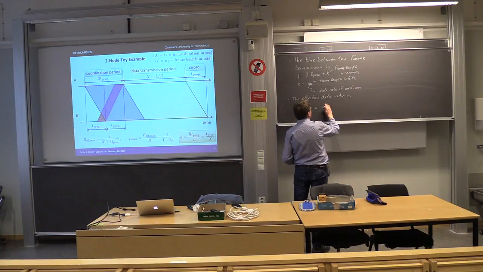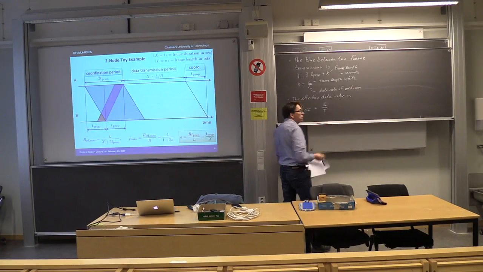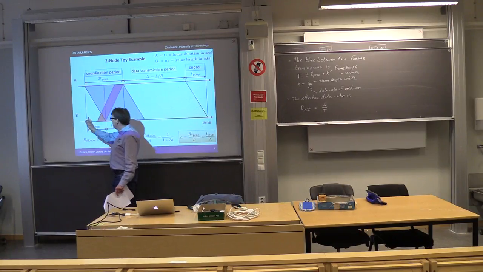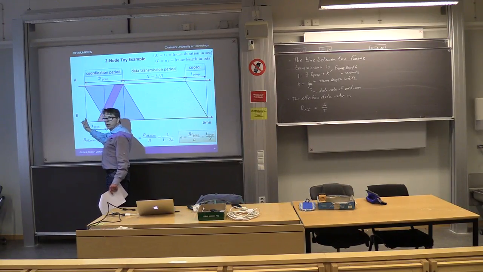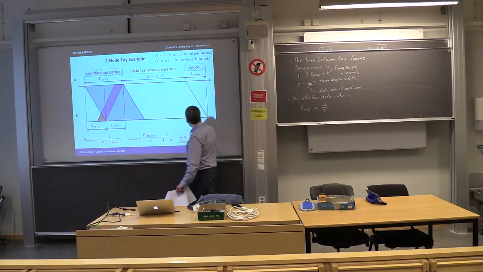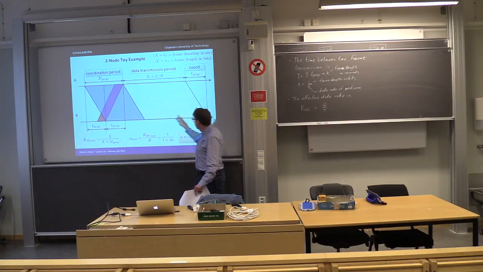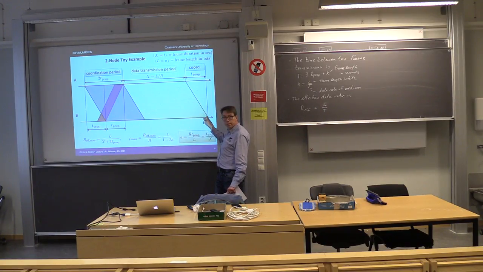Sorry, it is L, the number of bits in a frame, divided by t, the time it takes to transmit the frame. Or rather, more accurately, the time it takes from initiating the frame transmission until the next frame transmission can be initiated. Which is more than the time it takes to transmit the frame per se. Right?